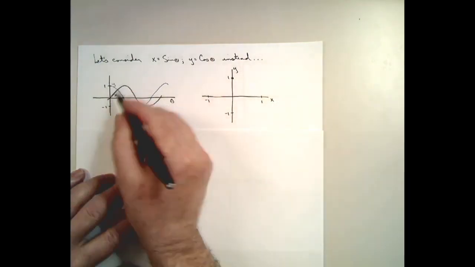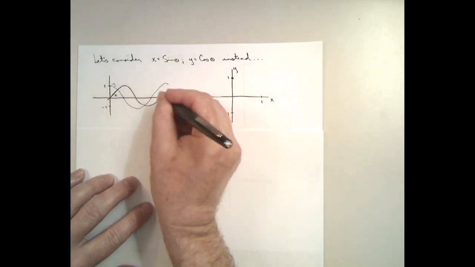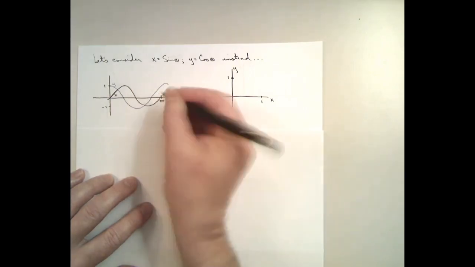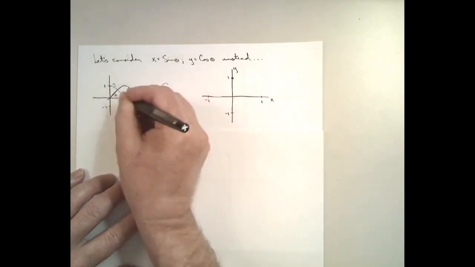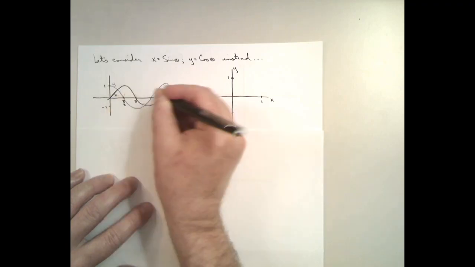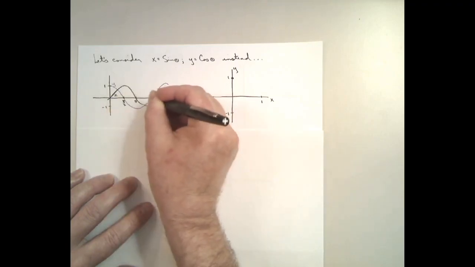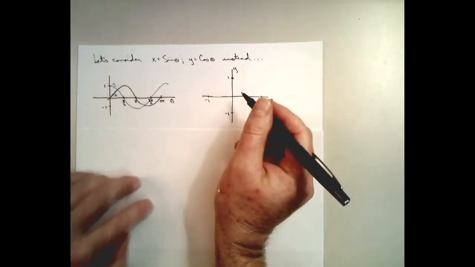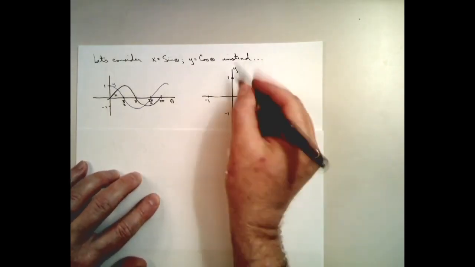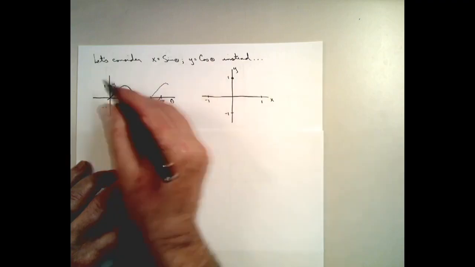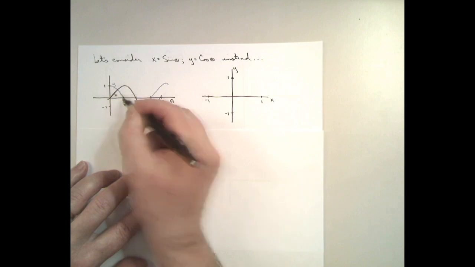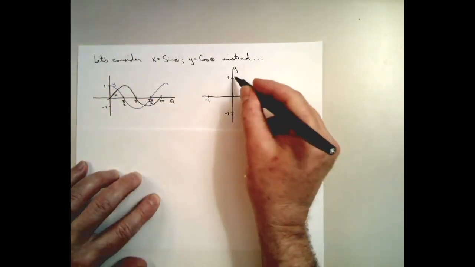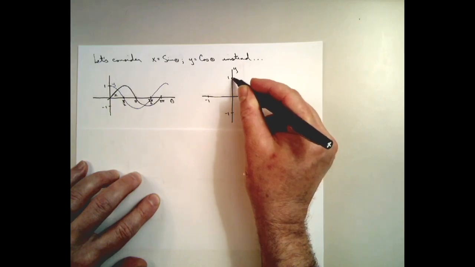And we're going to begin on this first interval. Let's put some angles here. So this is going to be pi over 2. This would be 3 pi over 2. Those are the values of the parameter. Starting here, my x's are going to increase to 1 while my y's decrease to 0.